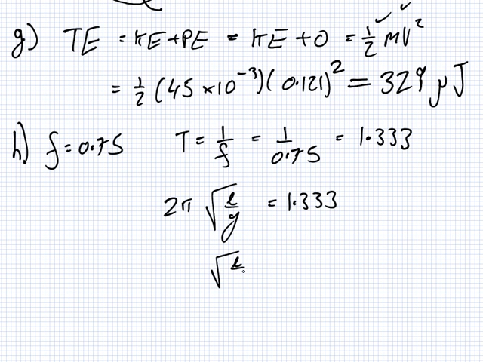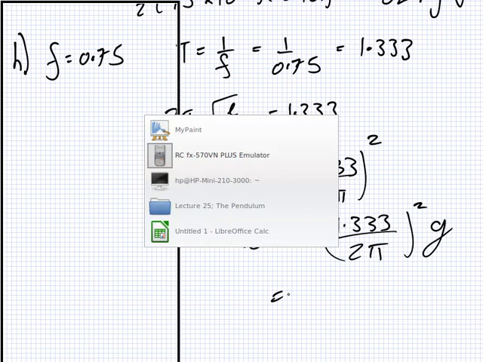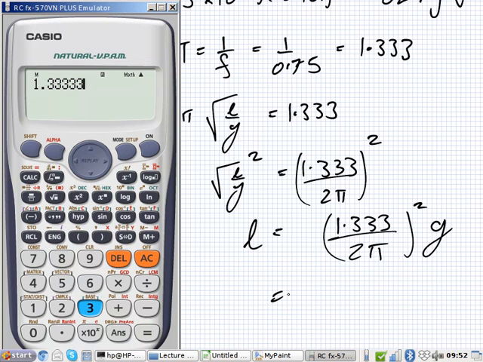So root L over g is 1.333 over 2 pi, and then I'll square both sides, so I get L equals 1.333 over 2 pi squared times g. So 1.333 divided by 2 divided by pi, squared, times 9.81. The length is 44 centimeters.